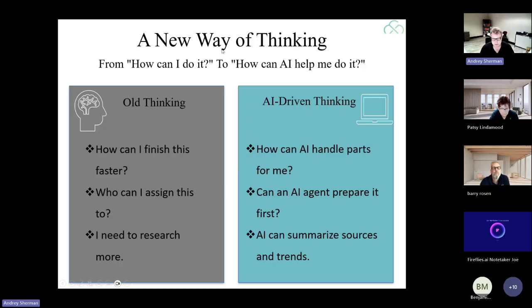This was one of the main things that the book talks about, and I think it's very important: a mind shift. Instead of asking how can I do that, start asking how can AI help me do it, because that really changes your approach.